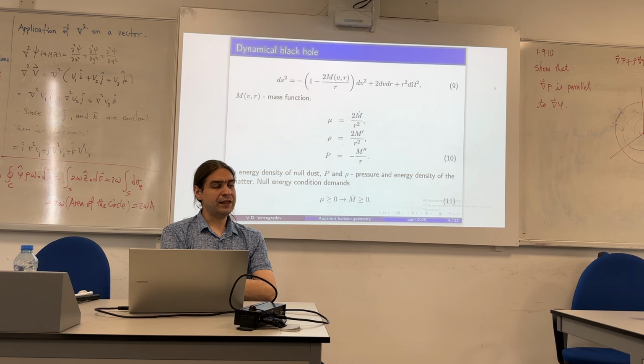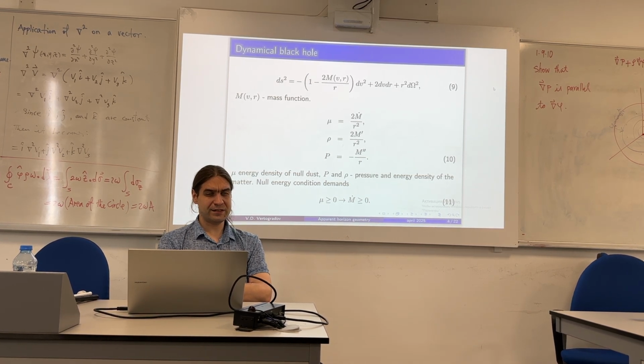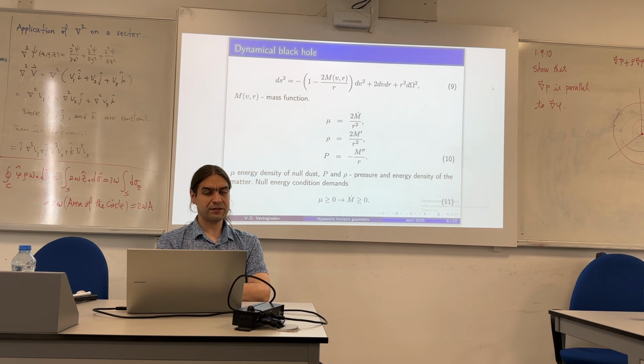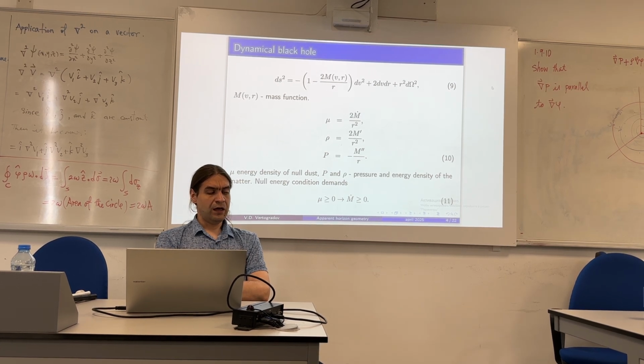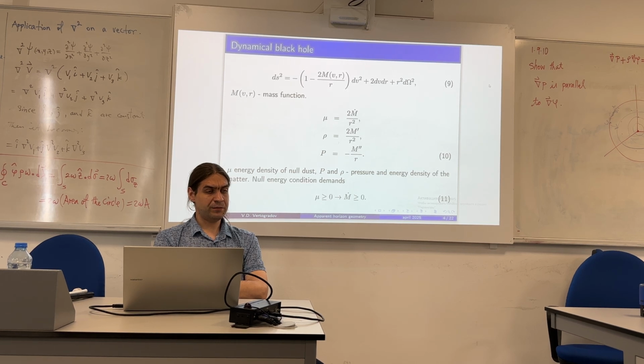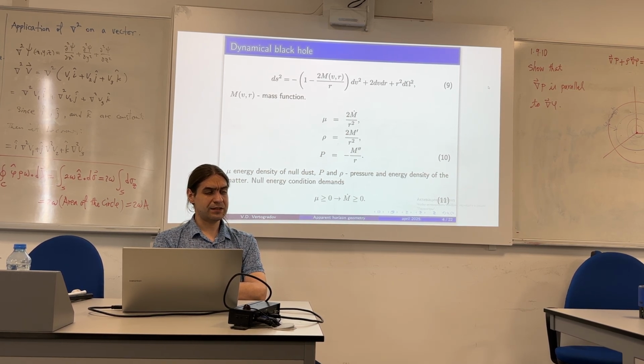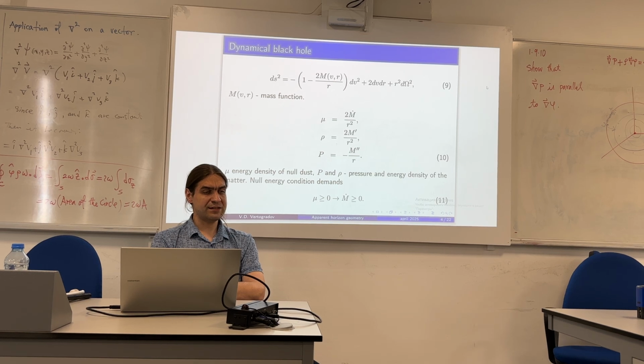And the null energy condition states that mu must be greater than or equal to 0. So it shouldn't be negative. But again, if we consider Reissner-Nordström spacetime, or just usual Schwarzschild spacetime, and consider the creation of charged particles, then we will realize that this null energy condition is easily violated.